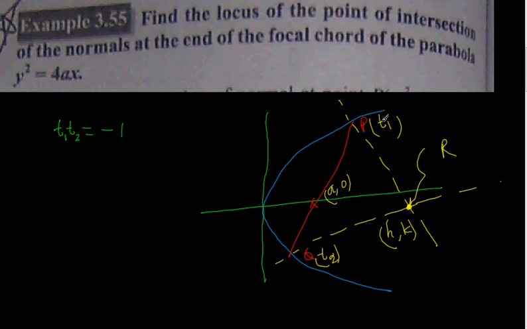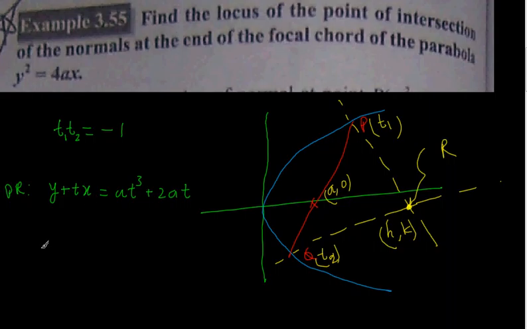Now we know the equation of the normal, means the equation of PR, and we know the equation of QR. Just write it down. Equation of PR should be y plus T1x is equal to AT1 cube plus 2AT1.